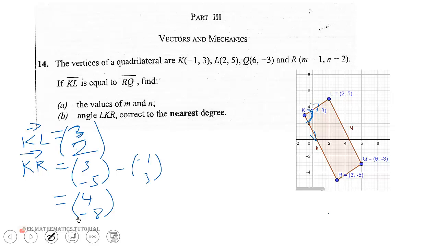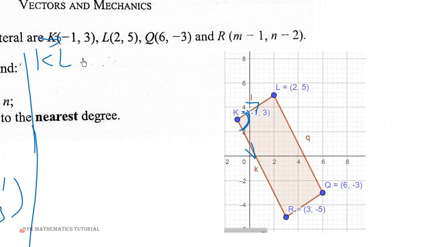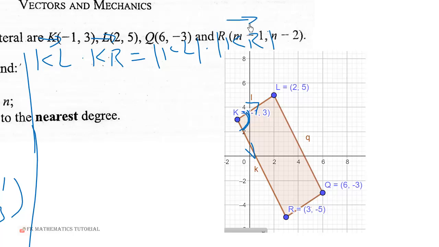So recall the dot product. It says that when we dot these two vectors, that is vector KL dot vector KR, it will be equal to their magnitudes, magnitude of KL times magnitude of KR, times the cosine of the angle between them.